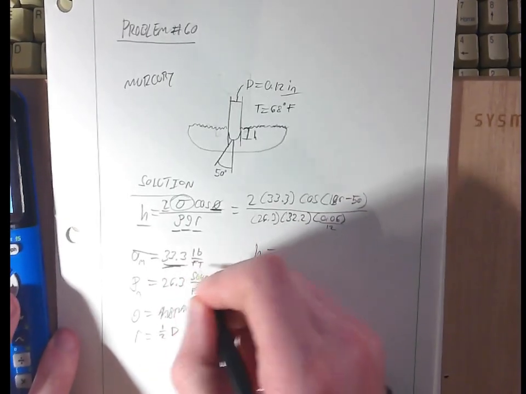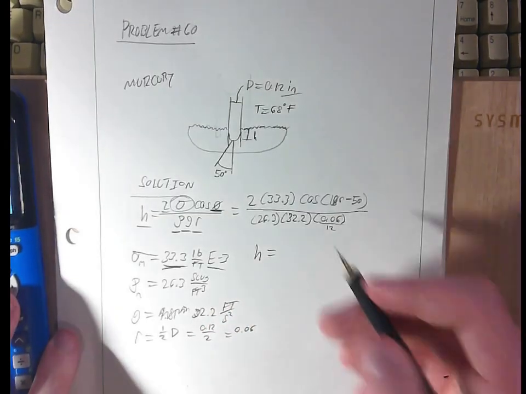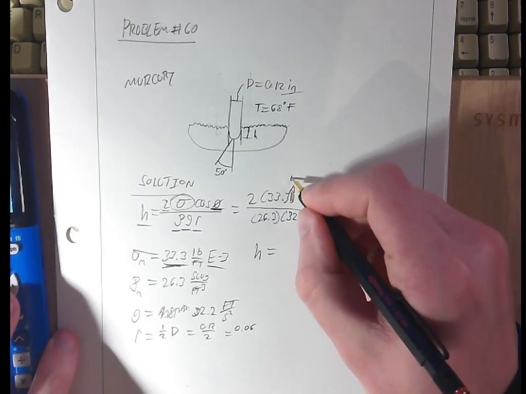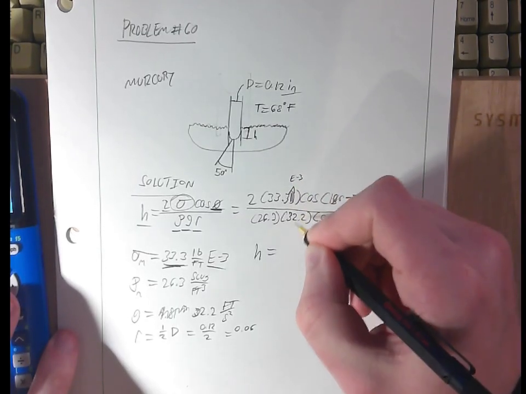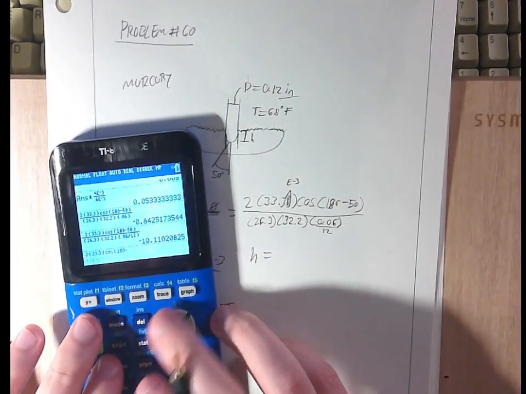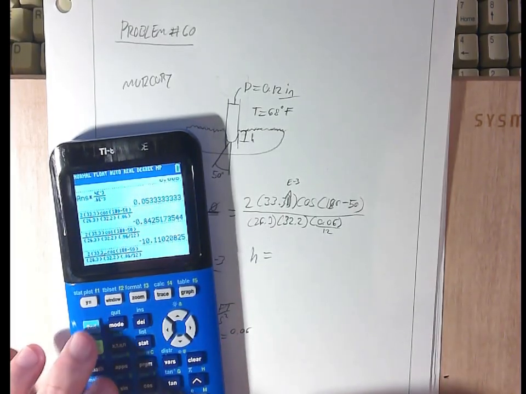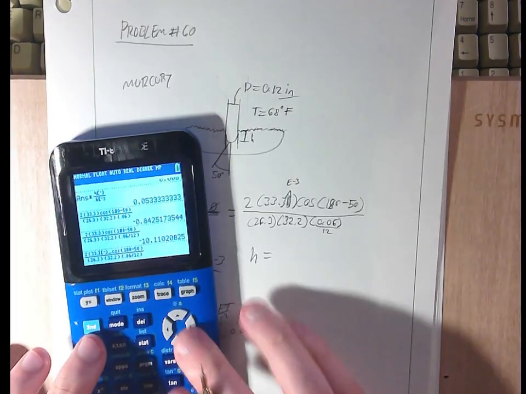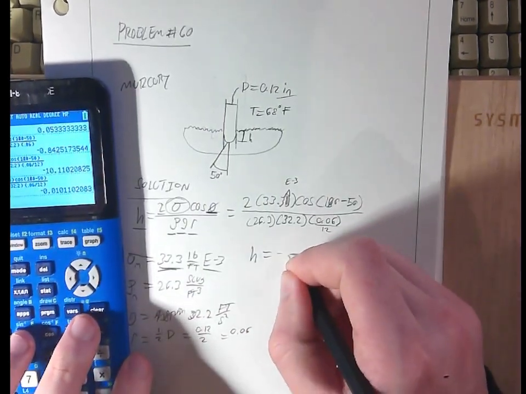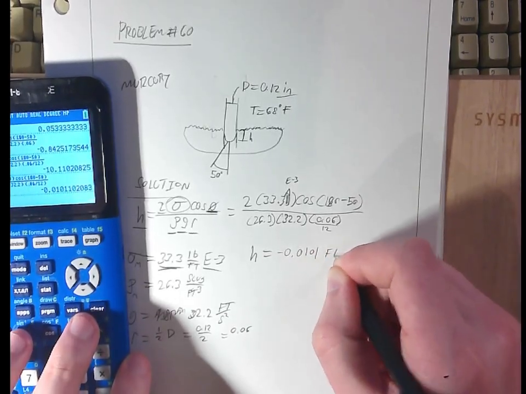In the appendix, it's e to the negative 3. Small correction here. E to the negative 3. There it is. Negative 0.0101 foot.